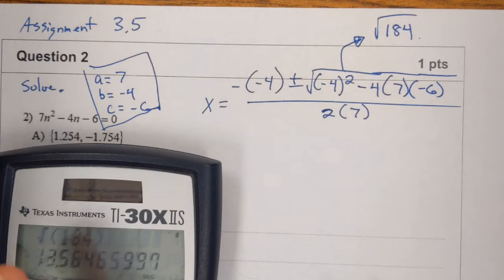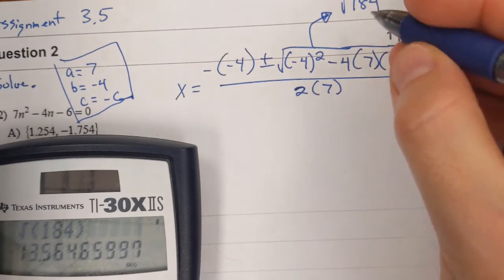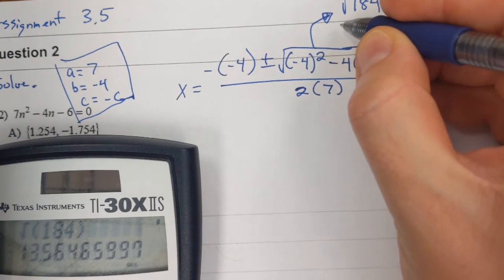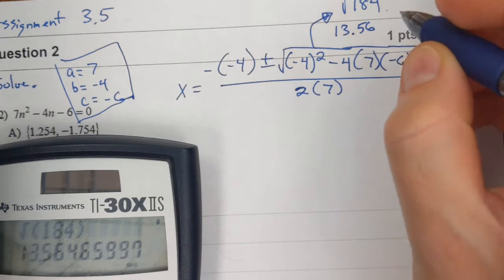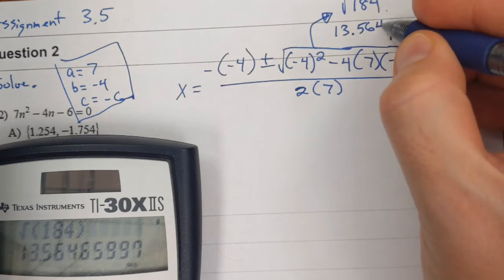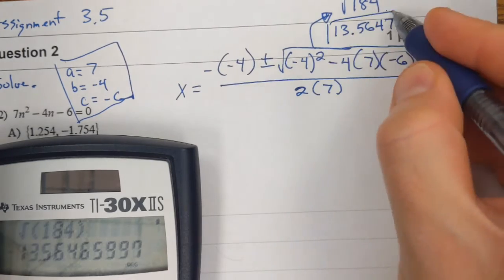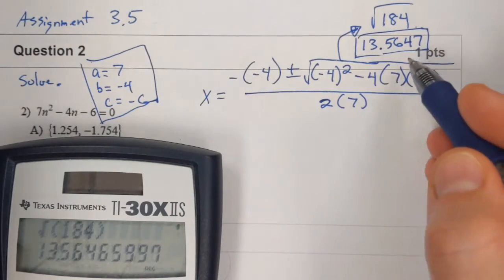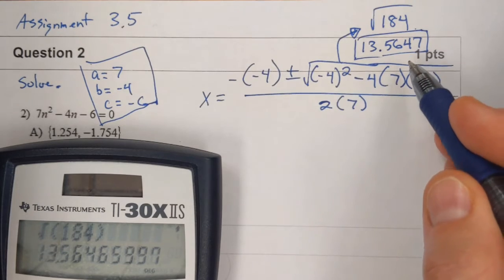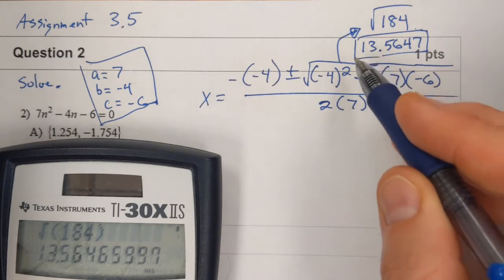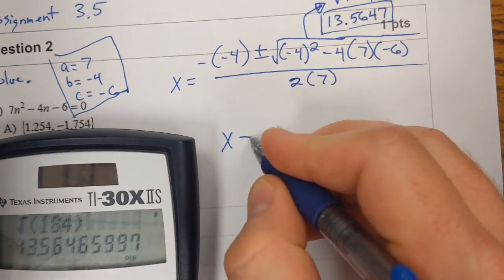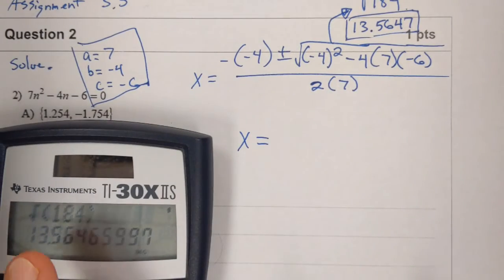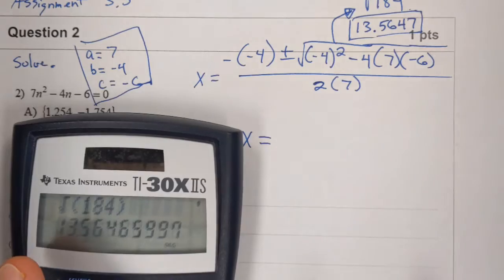Different teachers will have you handle this different ways, but I'm going to ask you to write your irrational answer out to 4 decimal places. This will be important to maintain the accuracy, the precision of our final answer. If we want our final answer to be accurate, we need to use a lot of decimal places at this point.